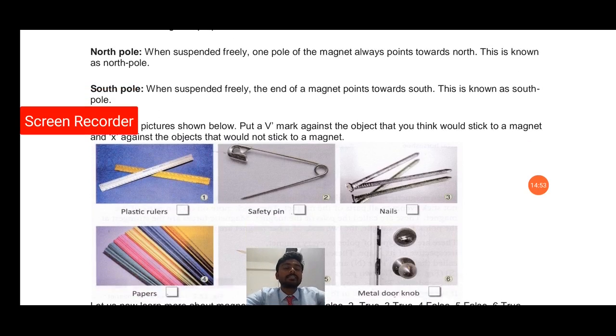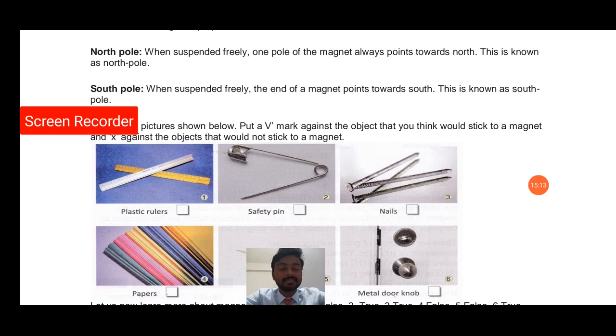You can see the next, North Pole. When suspended freely, one pole of the magnet always points towards the north. It is known as the North Pole.